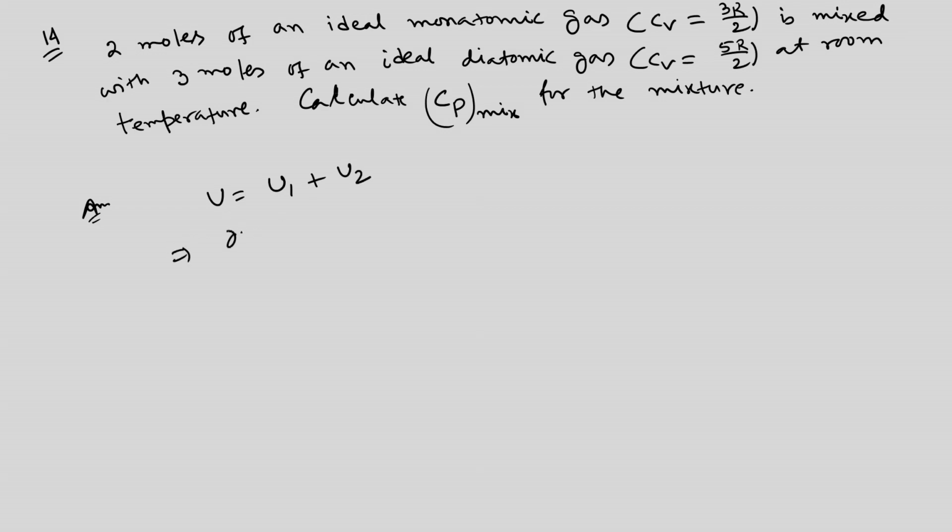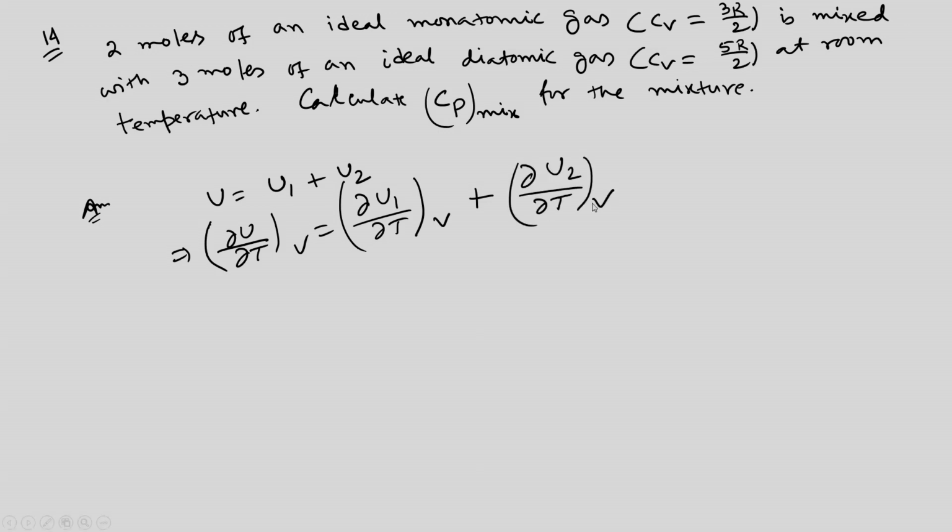So, we can write del U by del T at constant volume is del U1 by del T at constant volume plus del U2 by del T at constant volume. So, 1 represents the ideal monatomic gas and 2 represents the diatomic gas here. So, N Cv mix is N1 Cv1 plus N2 Cv2.